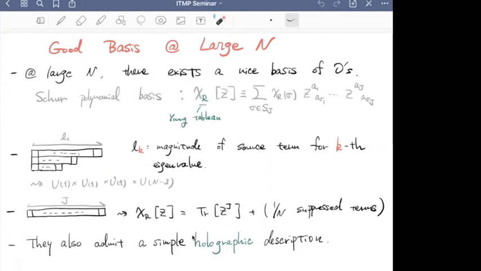But what's funny is that there is a completely different description for the totally antisymmetric representation. The totally antisymmetric representation is very hard to interpret from this point of view, because it's a bit like having very, very tiny D-branes.